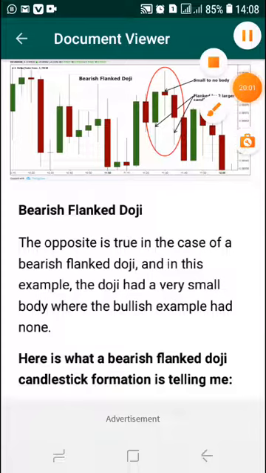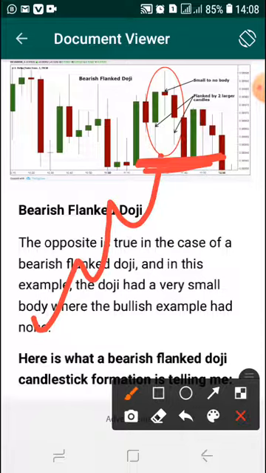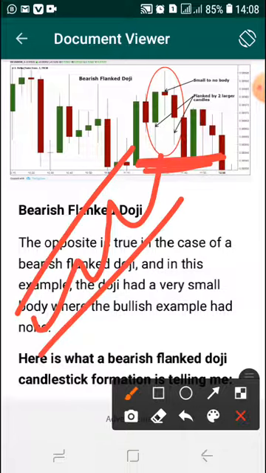So yeah, a bearish doji would appear at the top of your movement, whether your movement is bullish or bearish.